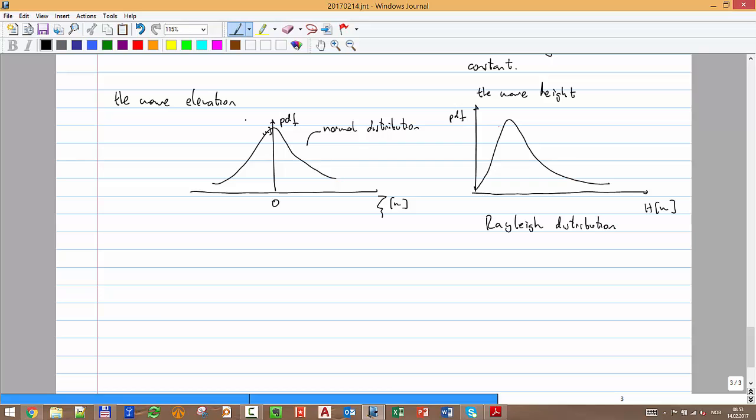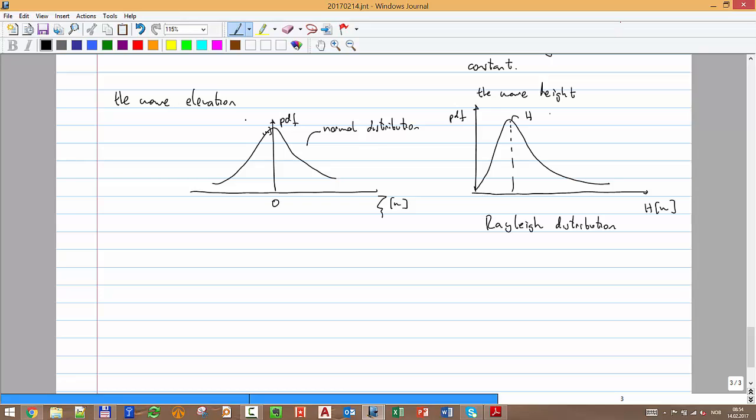And that Rayleigh distribution has a value which we are going to use.